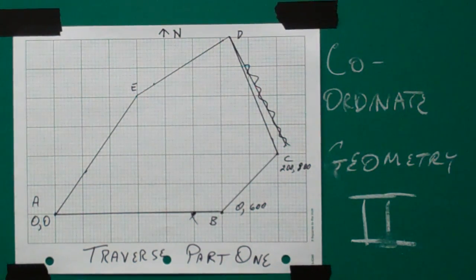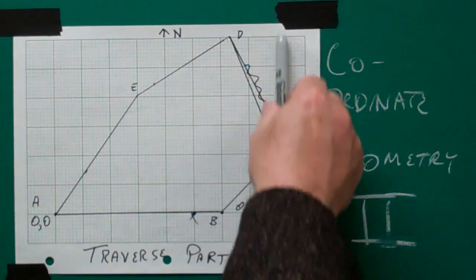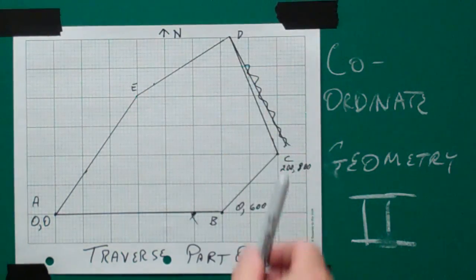Now, we have north 20 degrees, 33 minutes, 22 seconds west. What does that tell you? It tells you that north is positive and east is negative.